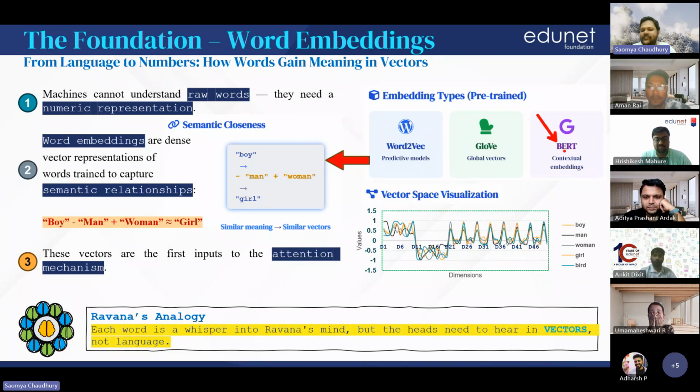E for encoder. Bidirectional encoder. R stands for representation. And the final T stands for transformers. Bidirectional encoder representation from transformers, or you can also call it representations using transformers.